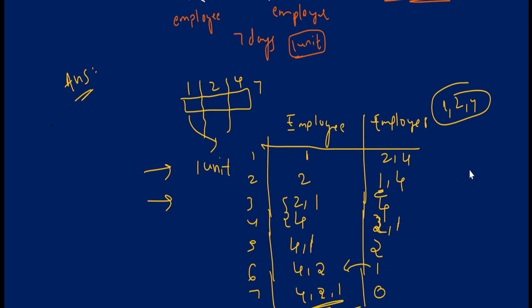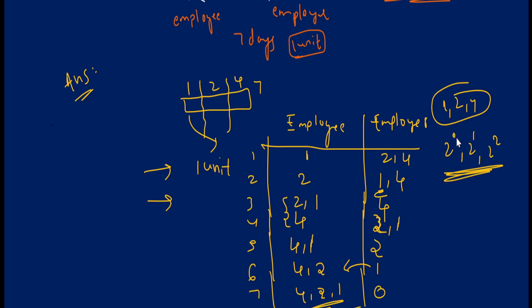You can see these are binary numbers 2 power 0, 2 power 1, 2 power 2. So by using binary numbers, let's say you have 2 power 0, 2 power 1, 2 power 2.